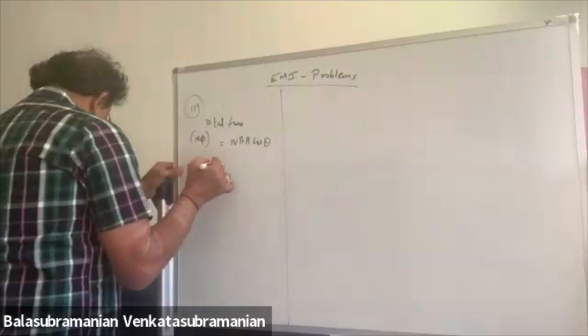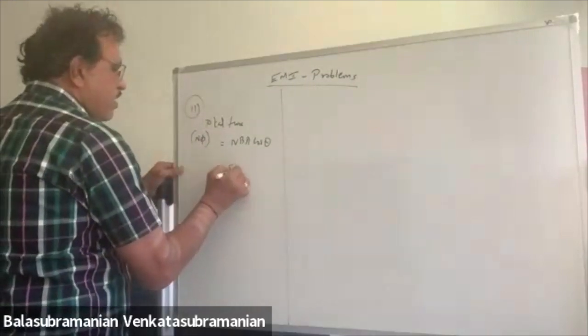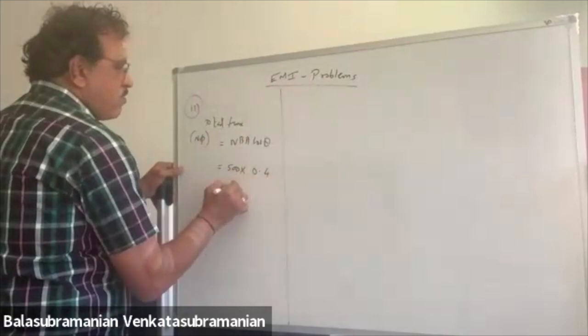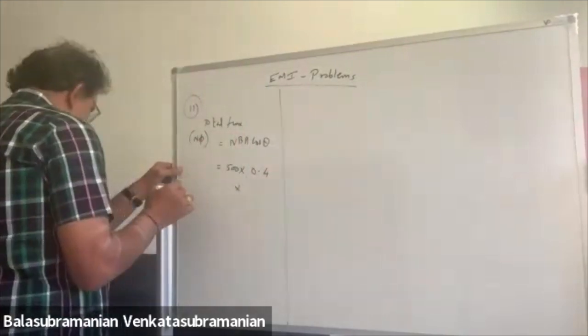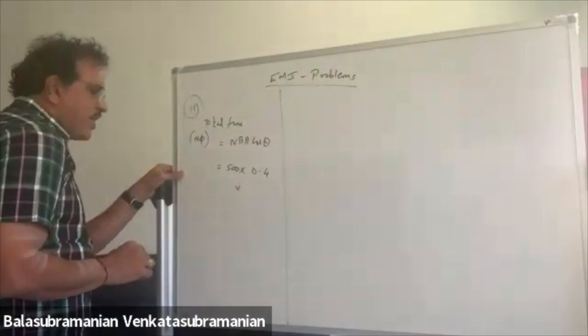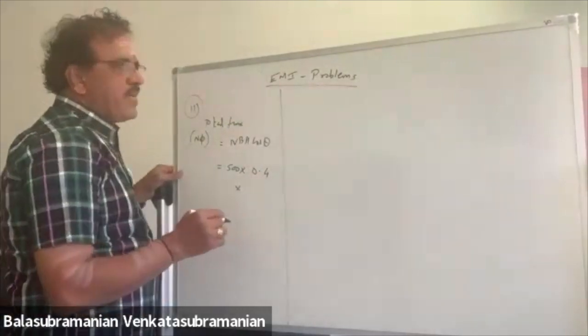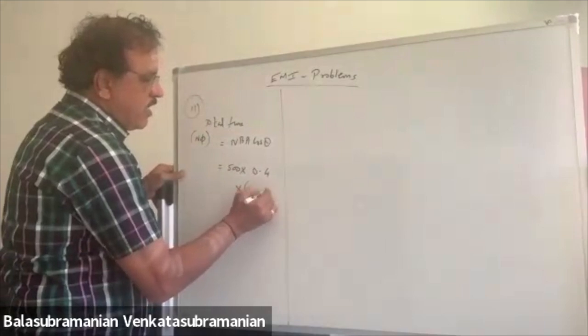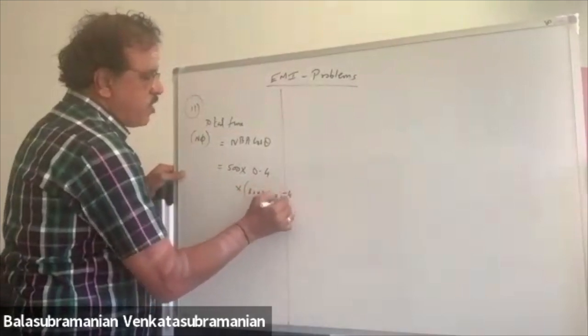So number of turns here 500. B value 0.4 into A, square coil of side 30 centimeter. Square means side into side. So 30 into 30, 10 power minus 4.